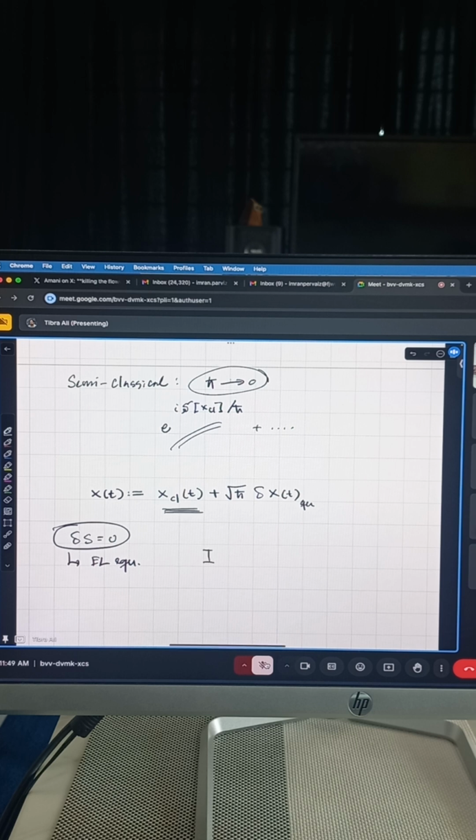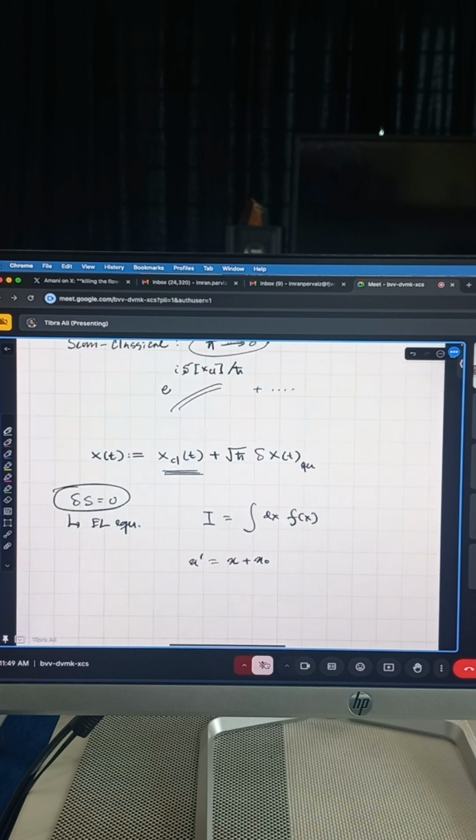So if we have an integral, say dx of f of x, right? Then we introduce a new variable, which is x plus x naught, right? So if it's a constant shift, then the integral is just going to be dx prime f of x prime minus x naught, right?